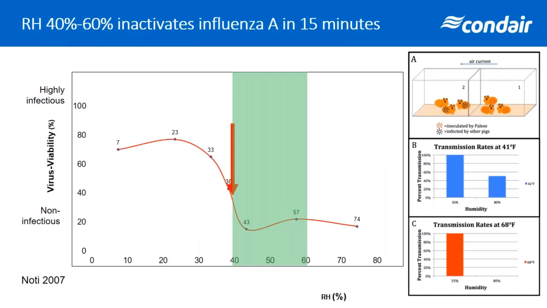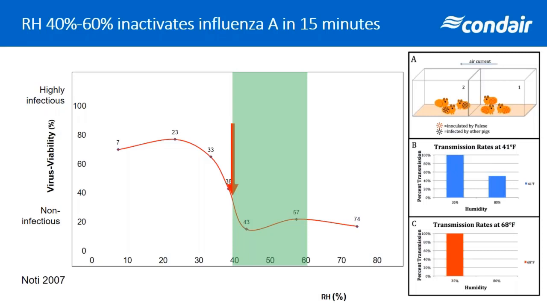This is a really interesting study that's been replicated many times. This is guinea pigs showing that on the bottom, on the x-axis, we have relative humidity, and on the y-axis, we have how infectious the virus particles are. And you can see when the relative humidity is below 40%, infectivity is high. And at 40%, something happens and the infectivity just plummets.